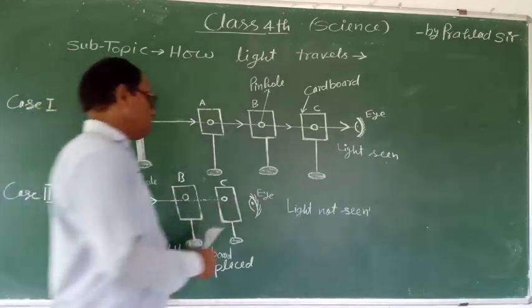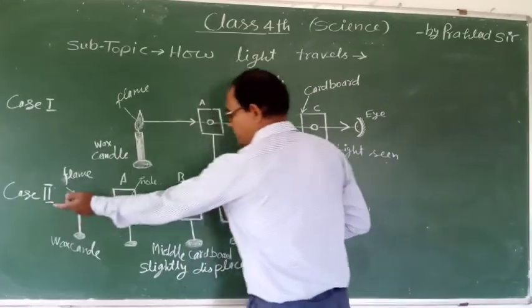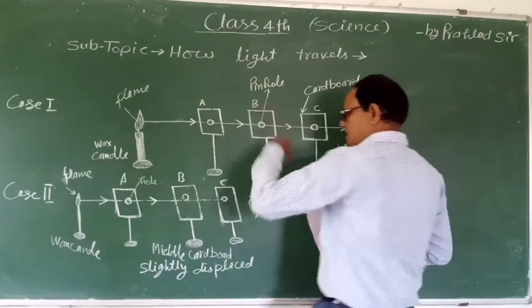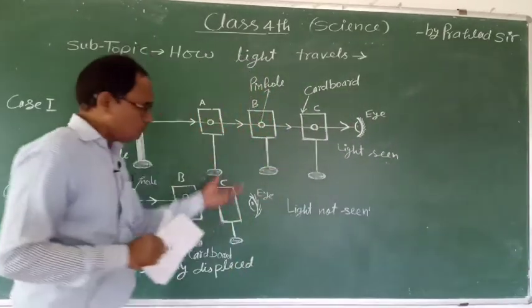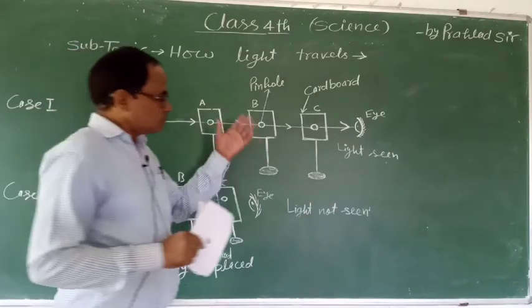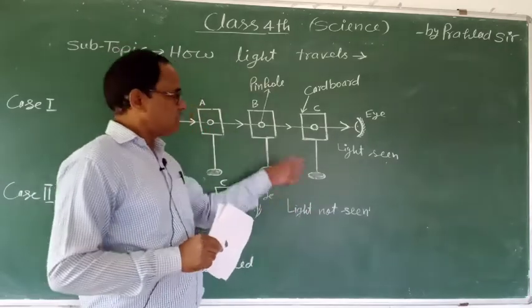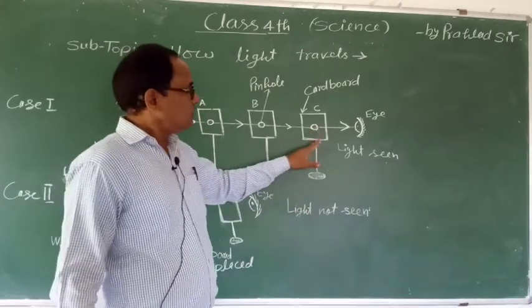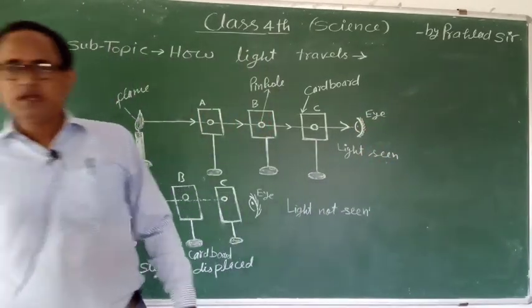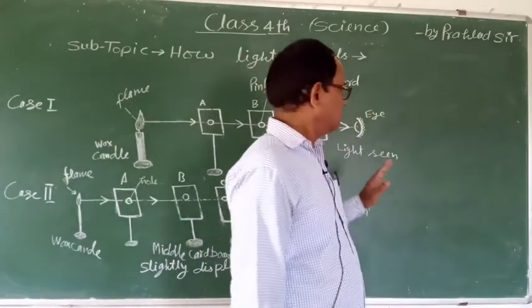When we look from this side, we cannot see the flame of the candle. So by these two cases, by these practicals, we can show that light always moves or travels in a straight line, not in a curve.